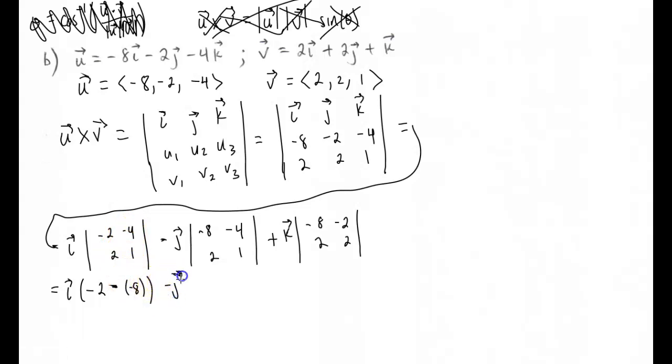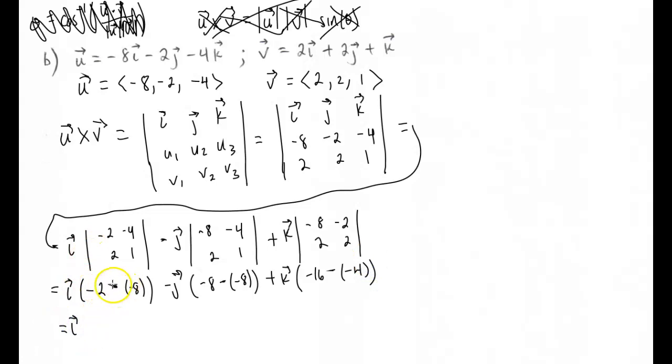And then we repeat for these other two minor matrices. So we have a -8, because -8 times +1 minus 2 times -4, which should be -8. And then we finish up with k. So -8 times 2 is a -16, minus 2 times 2 is a -4.